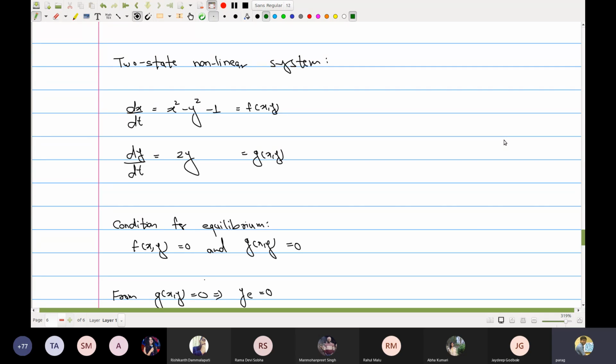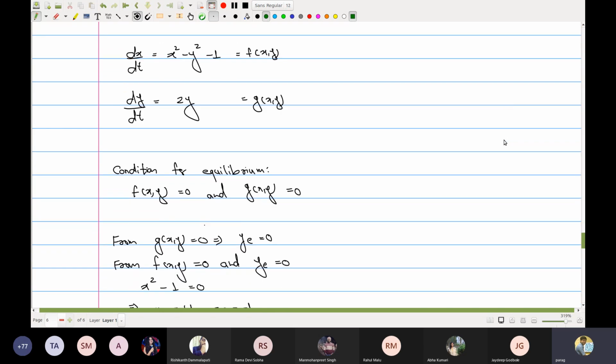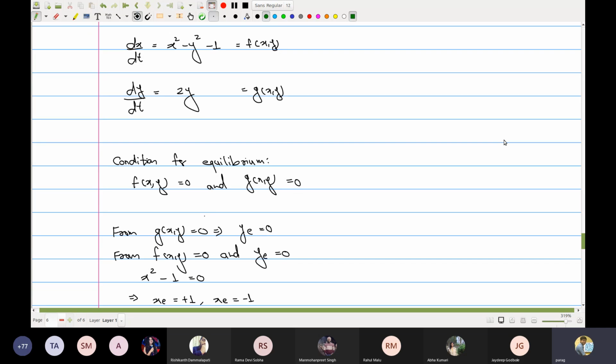Here we will have f of x, y, and the second function you declare as g of x, y. The condition for equilibrium will be the simultaneous solution to f of x, y equal to 0. It can be f of a, b, x, y, depending upon whether or not you have bifurcation parameters in your system. And you will simultaneously solve for the null space of the system.